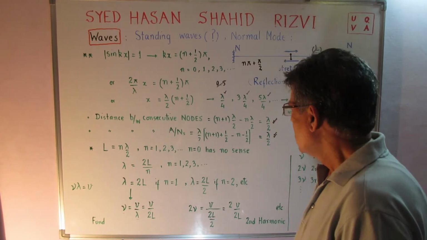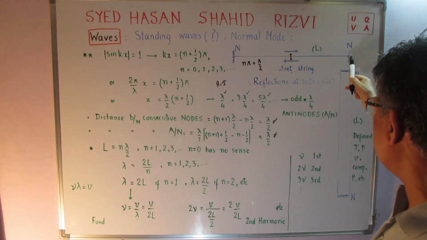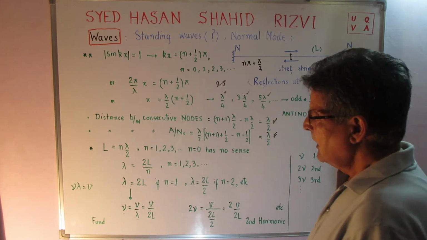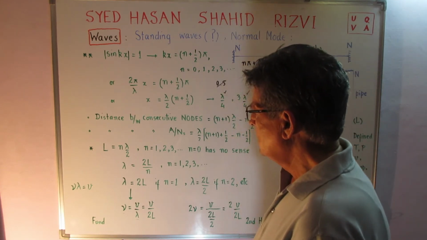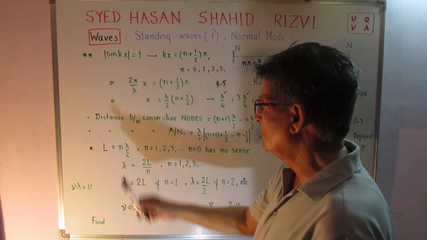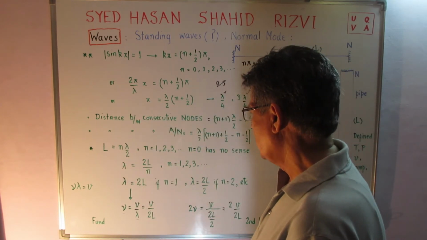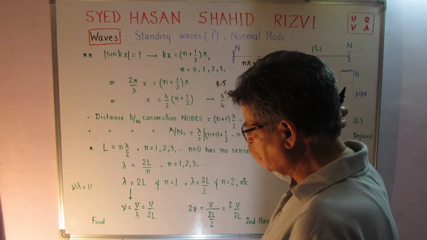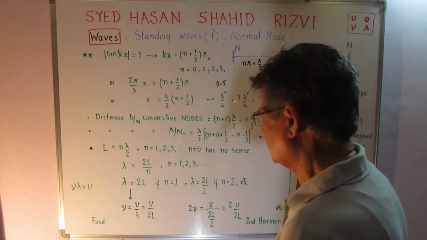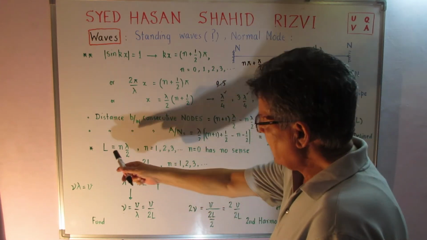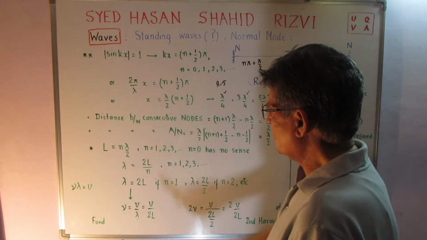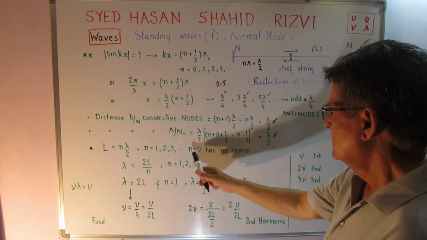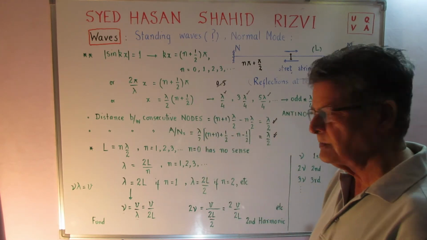Now let's see. I have this as L. The confines of the system is that I can write L is equal to n into lambda by 2, for the nodes. And similarly I can have it for antinodes. So when I take the length n into lambda by 2, n is equal to 0 has got no sense.